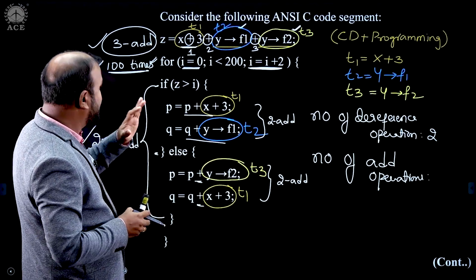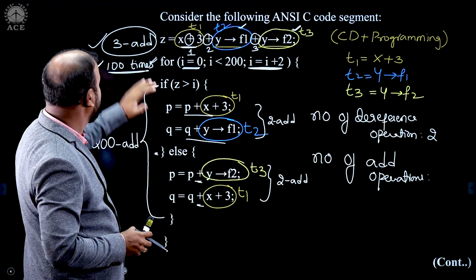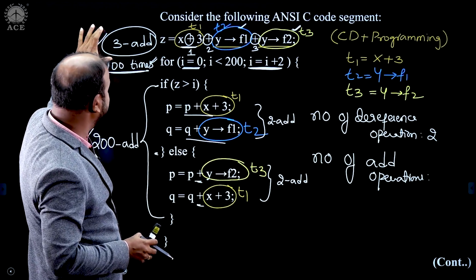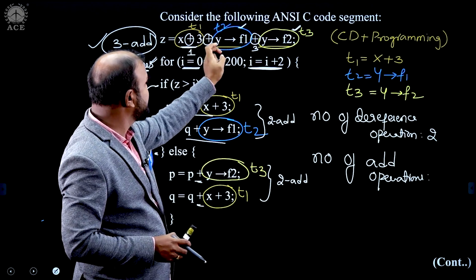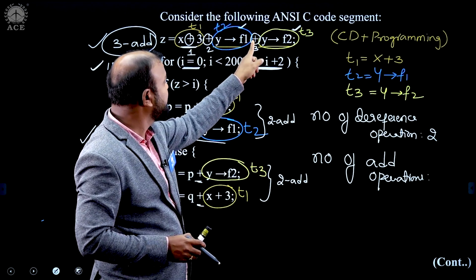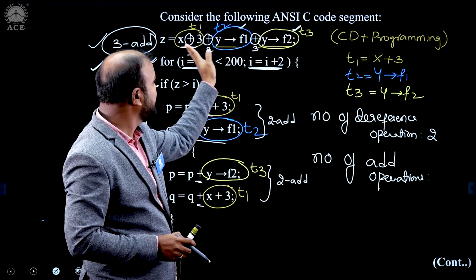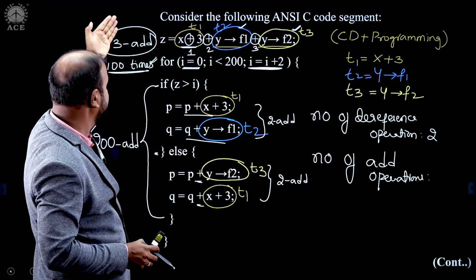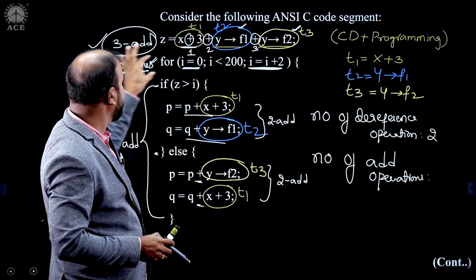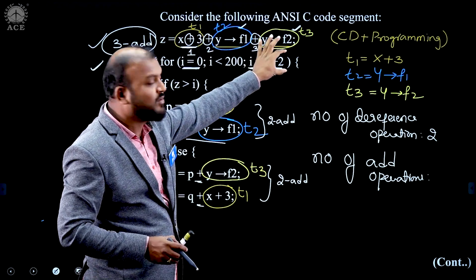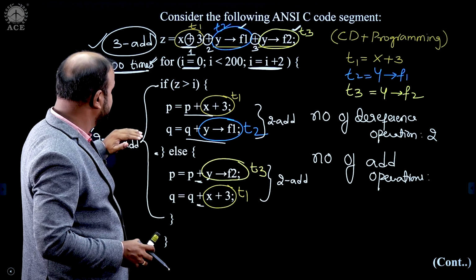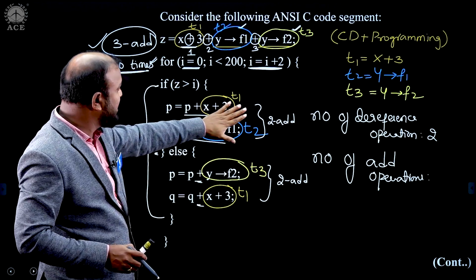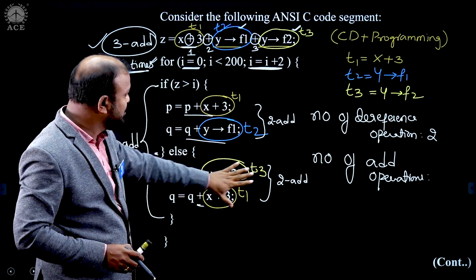Now, total add operations we found. Outside the for, 3 add operations: one for x plus 3, one for t1 plus t2, and the result with t3. So totally 3 add operations outside the for. The loop is repeating 100 times, so I equal to I plus 2 is executed 100 times. In the true part we have 2 add operations, in the false part we have 2 add operations.